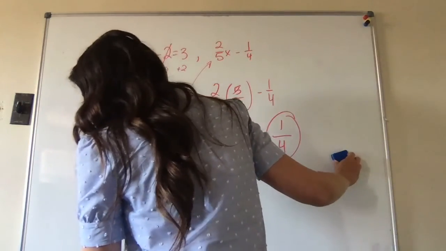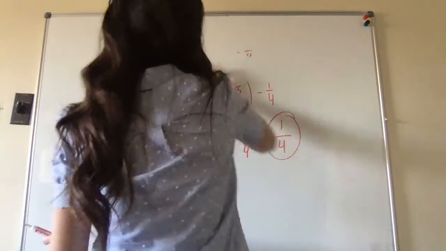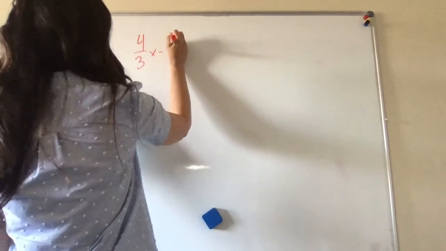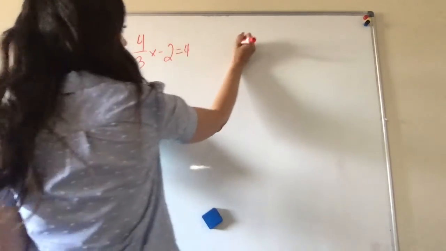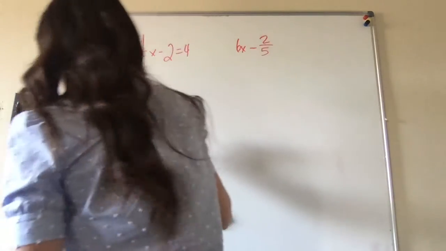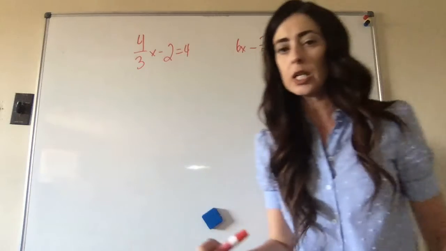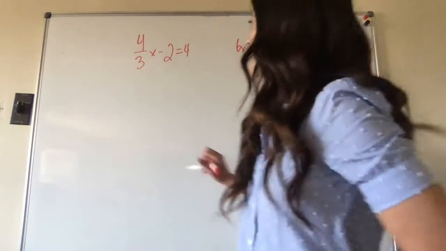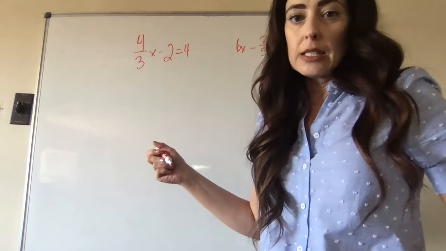Let's see if we have another example we're going to do. Example 97.3, 4/3 x minus 2 equals 4, and then we have to find the value of 6x minus 2/5. All right, so we're going to solve the first equation and substitute the value of x into the second equation. Now this one's not quite as nice, is it?